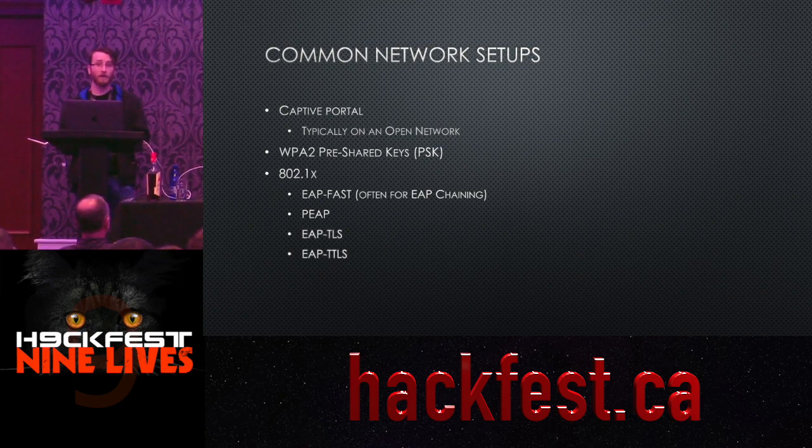What we see more and more is enterprise-level authentication schemas as well as ciphers. And those are EAP-FAST, which Cisco has recently adopted into what they call EAP chaining, where you chain a series of authentications together. So that would be passing a set of credentials.